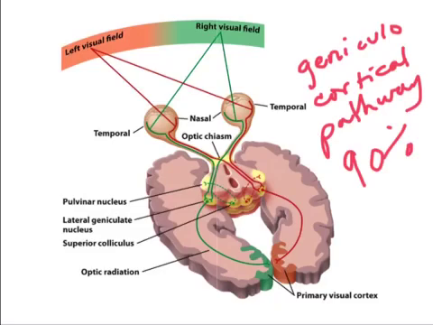Visual processing is very, very important in advanced primates, in us, and in our primate cousins. And so it's not surprising that even a small portion of the visual pathway takes a great deal more cortical real estate than many of the other sensory pathways.